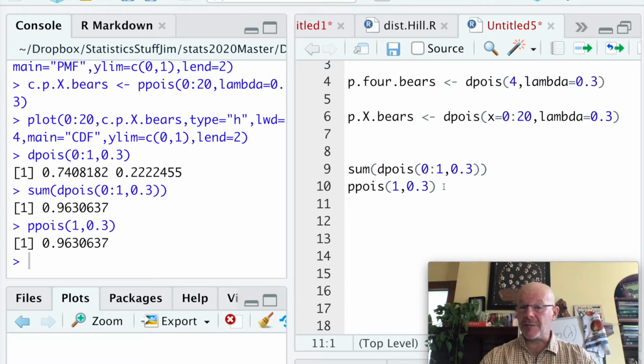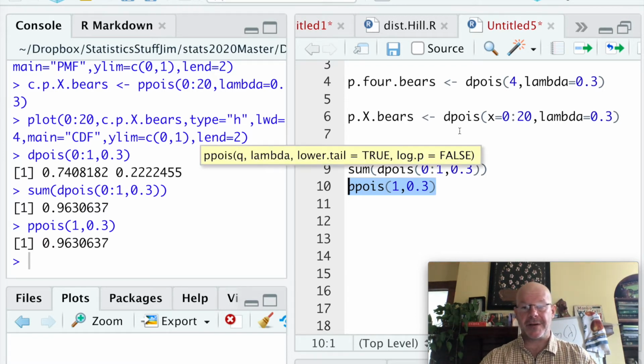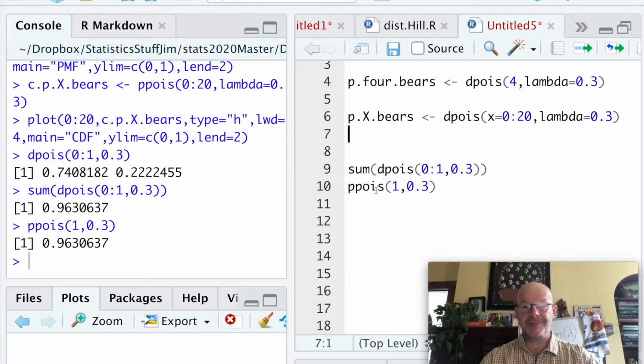And again, as I said with the binomial, get in the habit of answering those types of questions using the cumulative distribution function, because when we get to continuous distributions, doing this and taking the sum will be impossible. It's only possible because we're dealing with a discrete distribution.